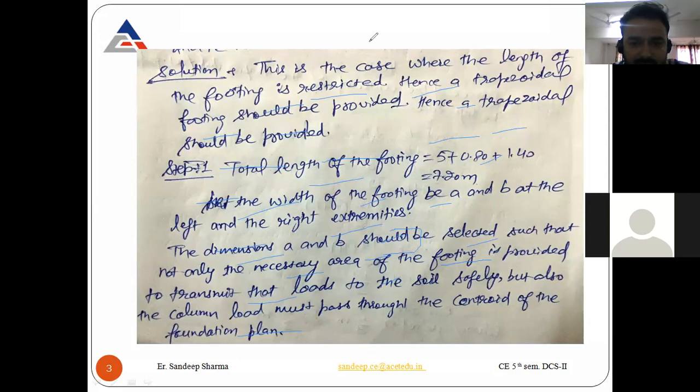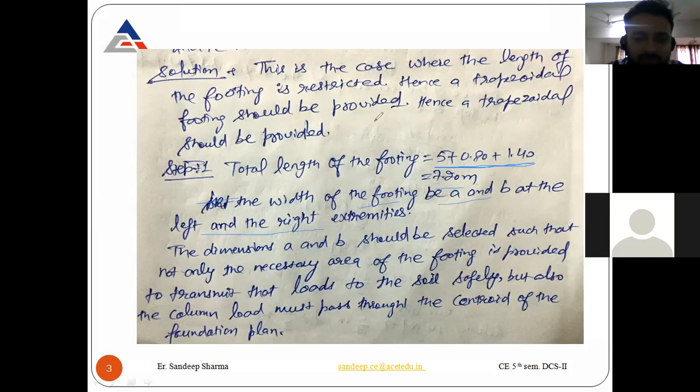For the total length of the footing, we know the center to center distance between the columns is 5 meter, and one projection is 0.8 meter and the other is 1.4. Adding all these, the total length of the footing is 5 plus 0.80 plus 1.40, that is 7.20 meter, and let the widths of the footing be A and B at the left and right extremities.